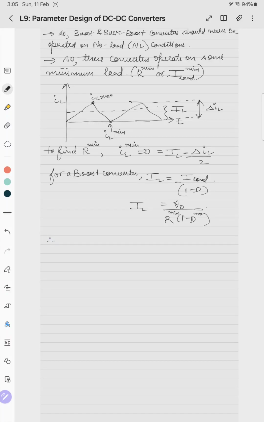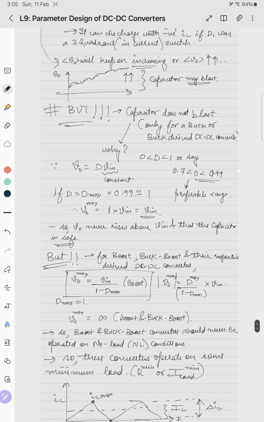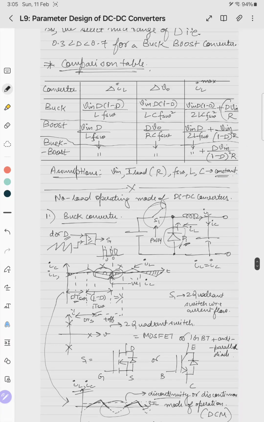So if you put here, what you will get? Capital IL is delta IL by 2. So delta IL we can substitute from the table which we have derived.